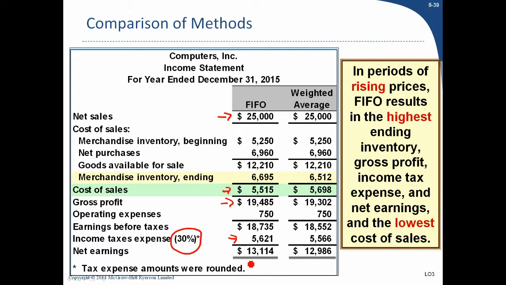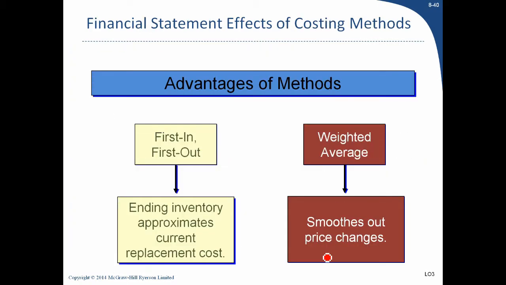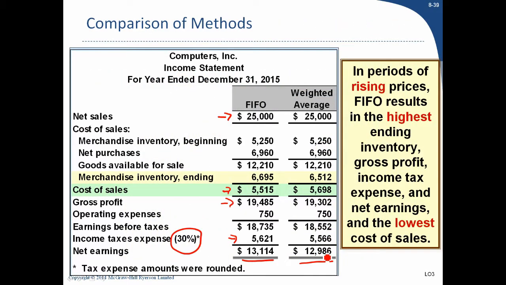So net earnings in this case are different by, what is that, $28? Not that much different, but there are differences. So here's another point. In periods of rising prices, FIFO results in the highest ending inventory.